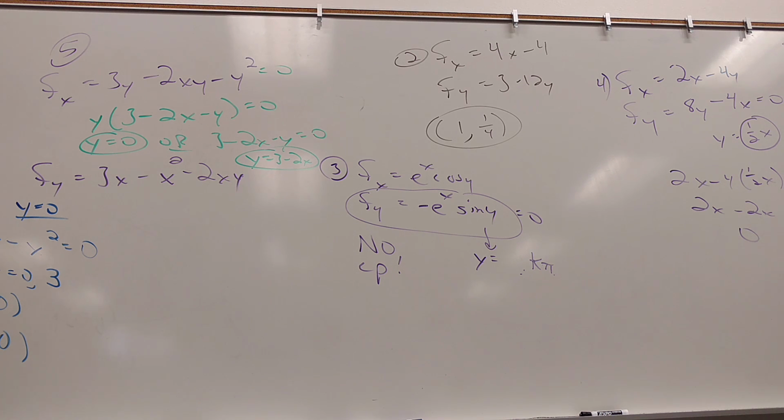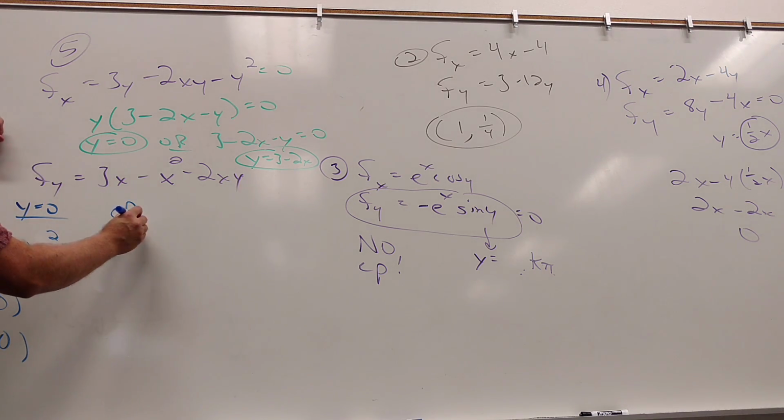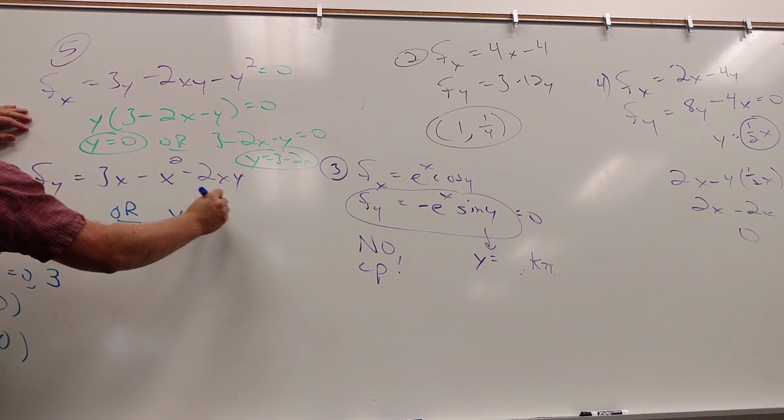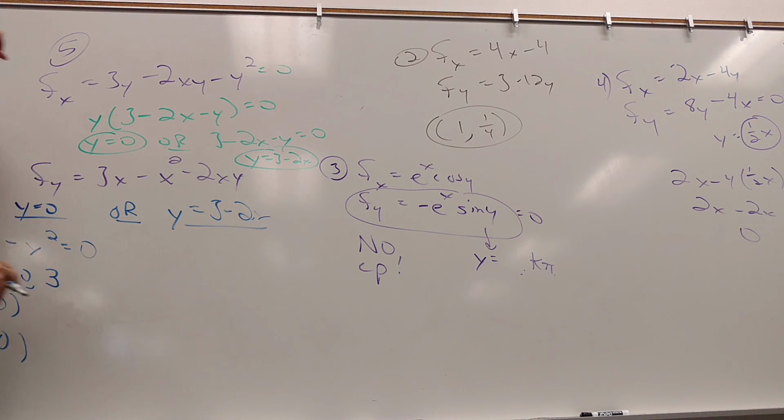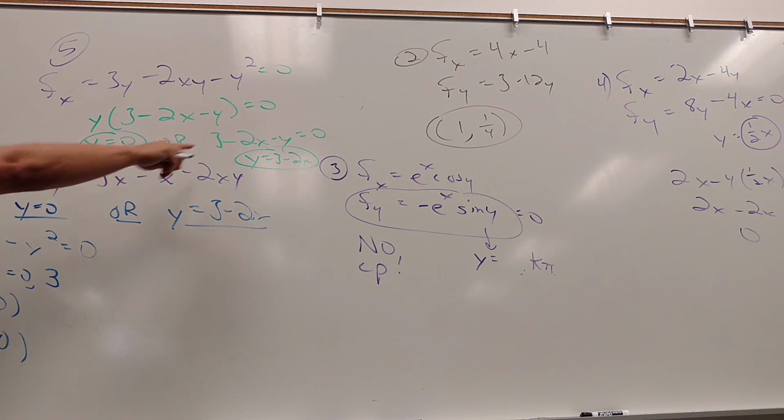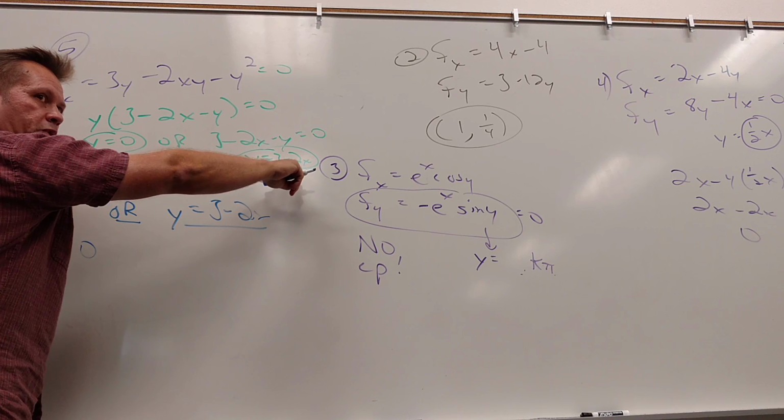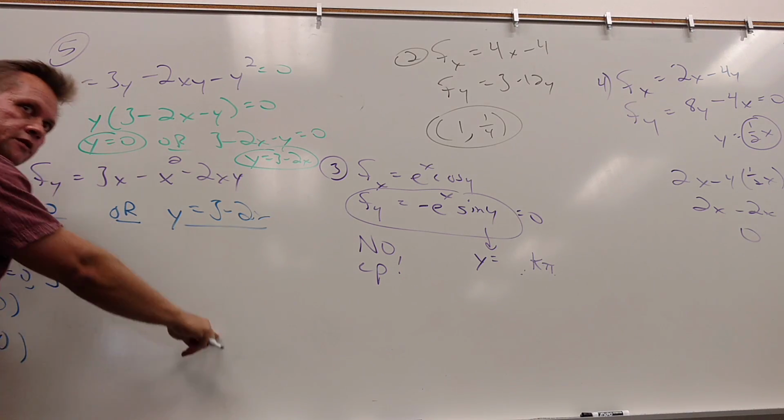What's happening? Or y equals 3 minus 2x, right? I really want you to understand, I'm doing the exact same thing I did earlier. I just happened to get numbers earlier, and I put one number into the other guy and got some points, then put the other number in. I'm putting the other collection of numbers into the other guy to get some points.